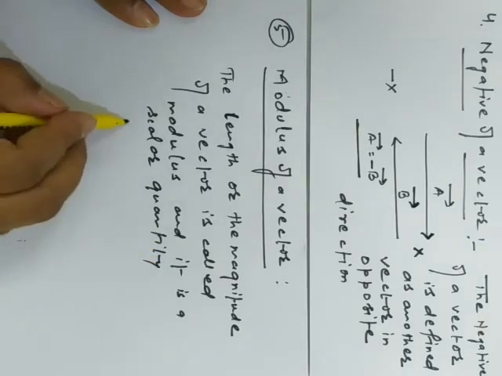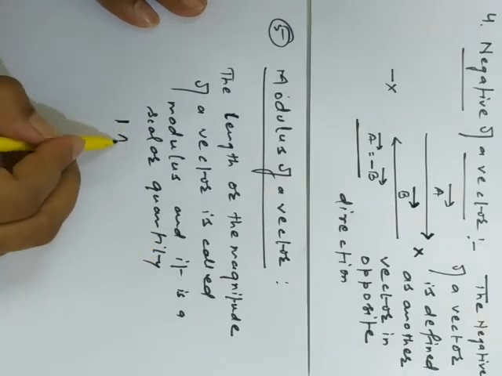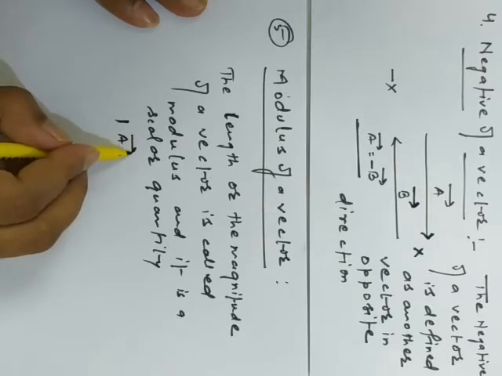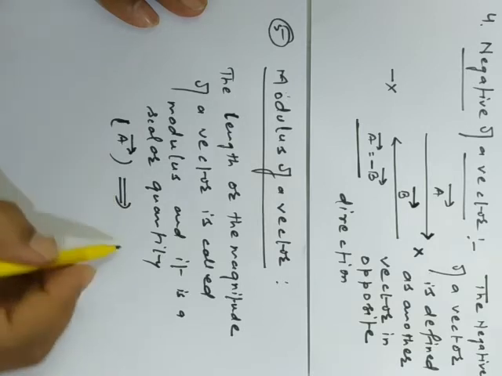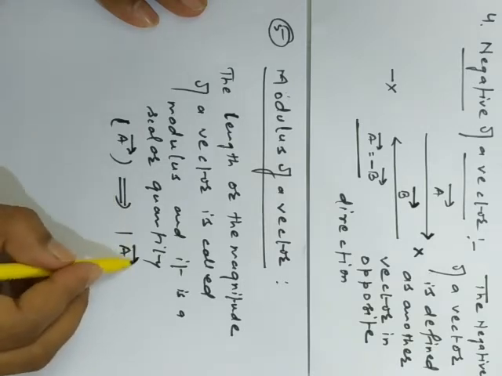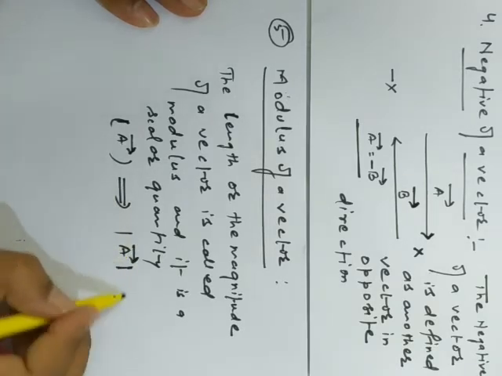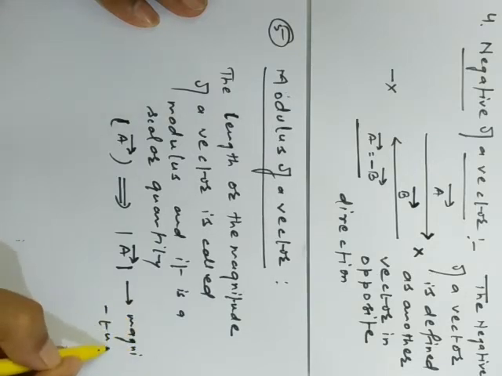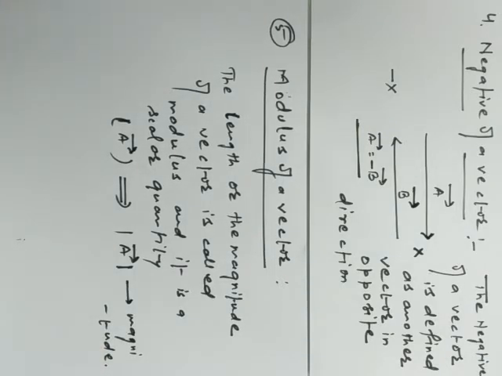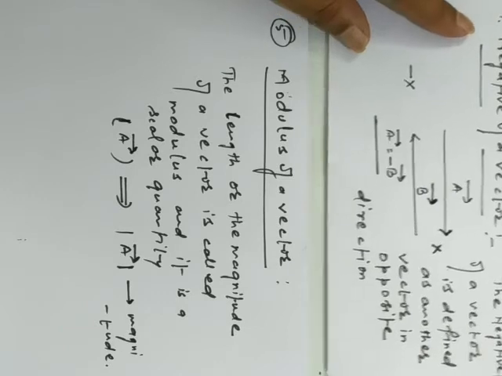It is a scalar quantity. So for any kind of vector we have, suppose the vector a, we represent it in terms of the modulus, that is called the modulus of the vector a. It gives the magnitude. How we will get the magnitude, we will discuss in further lectures.